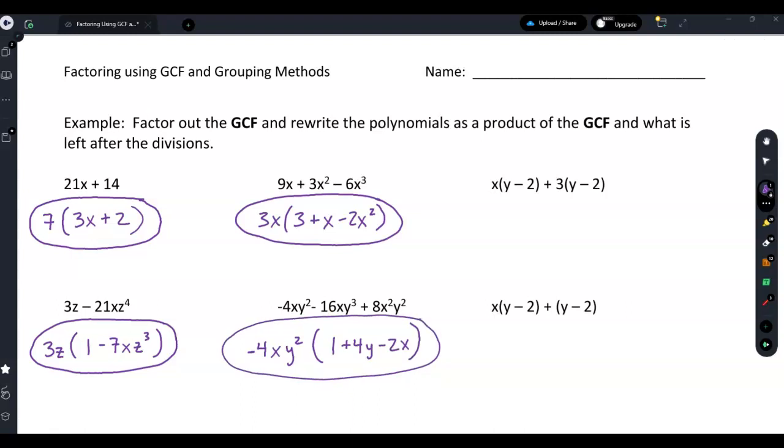Then looking at the last couple here, these look a little bit different, right? But we're still going to factor out a GCF. Remember that when we factor out a GCF, we are looking for the greatest common factor among each term. And we said that terms are separated by your pluses and minuses, right?